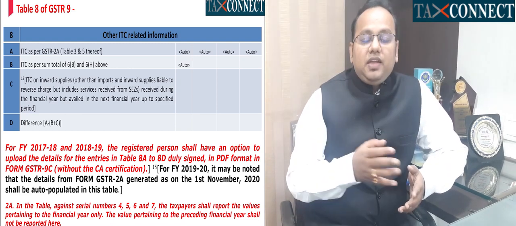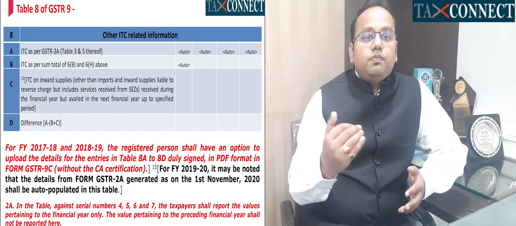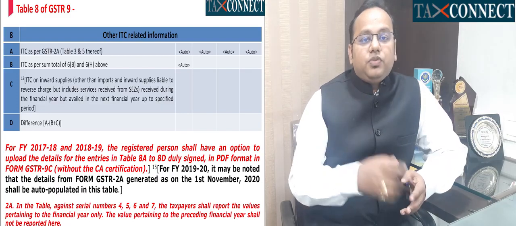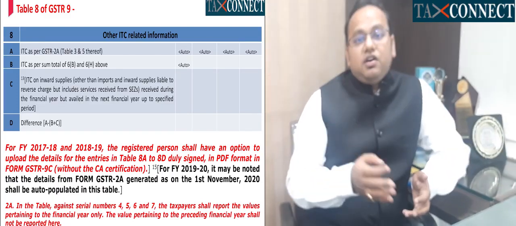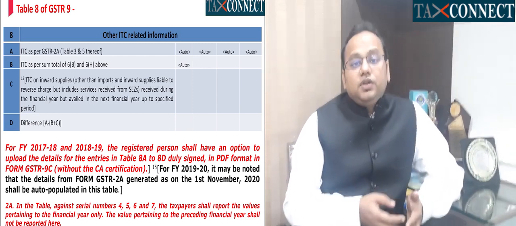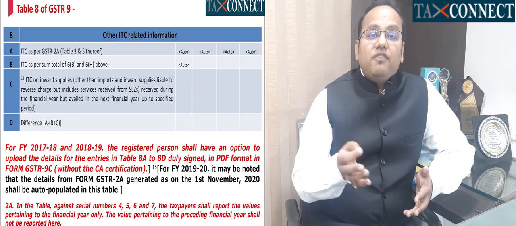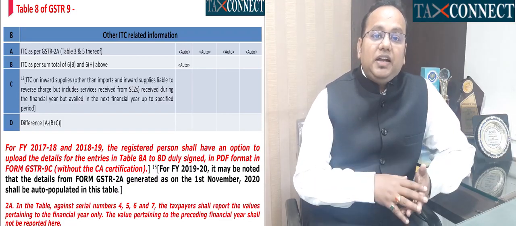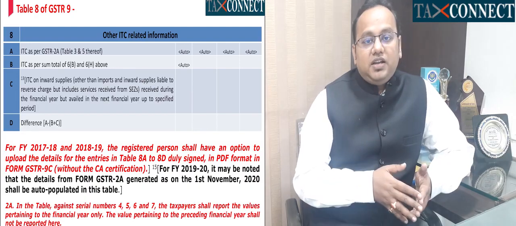Now 8B auto-populates the figure which you put in 6B of GSTR 9. In 6B of GSTR 9, you put in the figures which are available under all other ITC for all the GSTR 3B which you have filed.